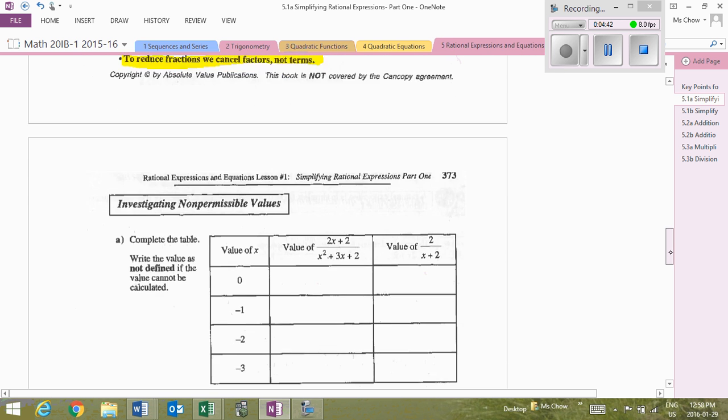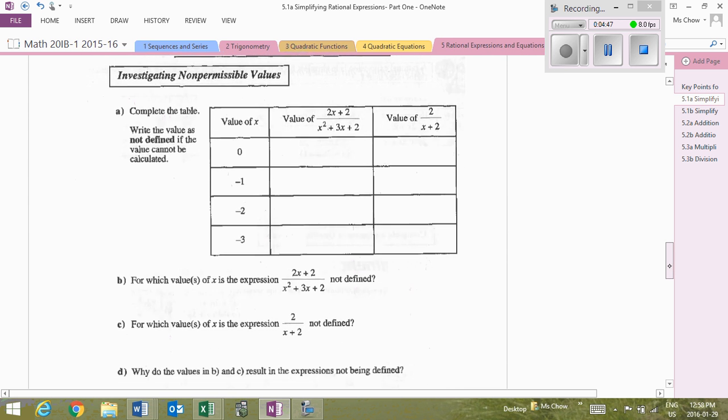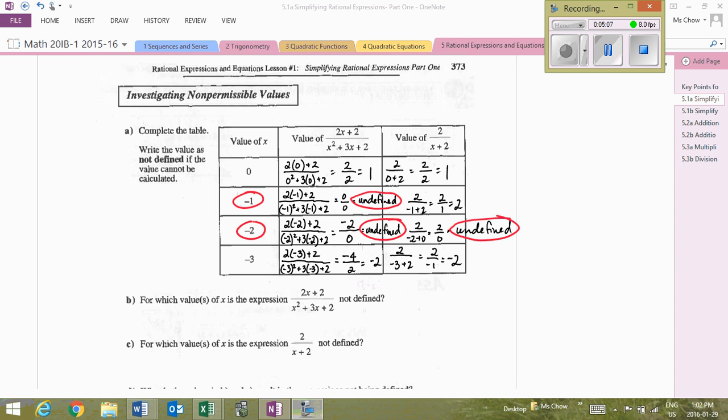Let's take a look at the next key piece, which is investigating non-permissible values. Why don't you take a moment and work through that table, and we'll come back in a moment. Just hit pause. What we want you to notice from this table is that when we substitute in -1 and -2, the value of both expressions is undefined.